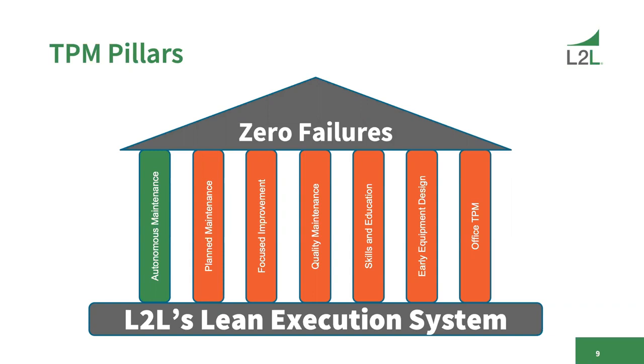But what we're going to talk about today in the pillars of TPM is autonomous maintenance. And so you're going to want to make sure that you understand these terms as we go forward. I will tell you, just as a side note, that we made a decision at L2L quite a few years ago as we began to discuss what we want to call these things.